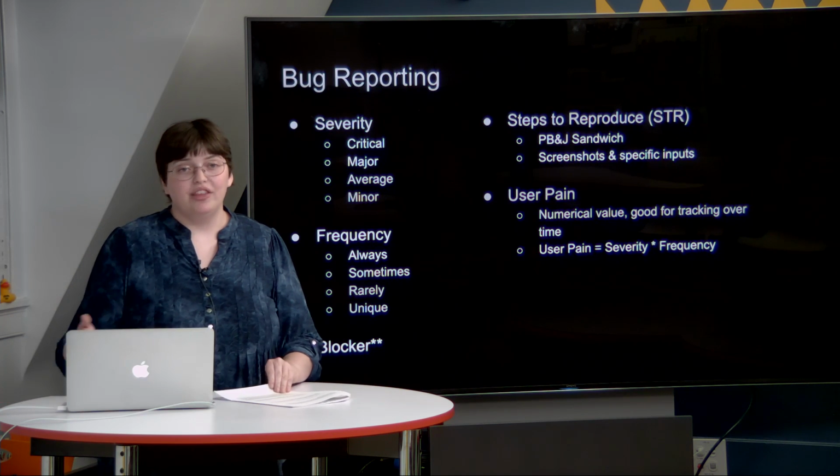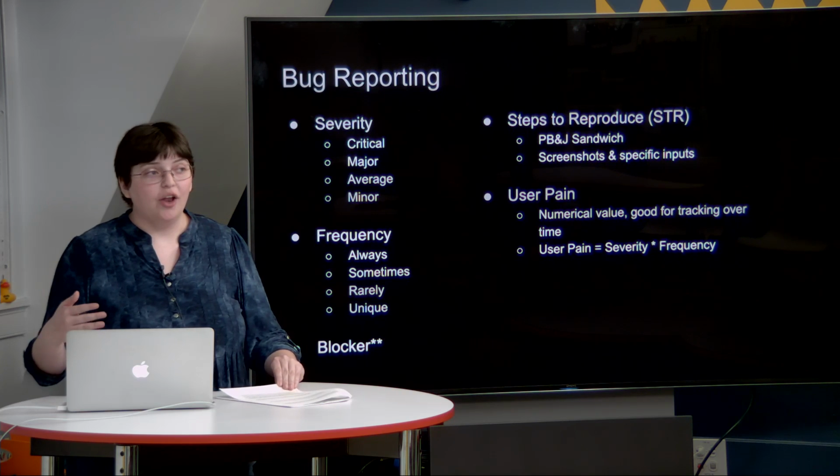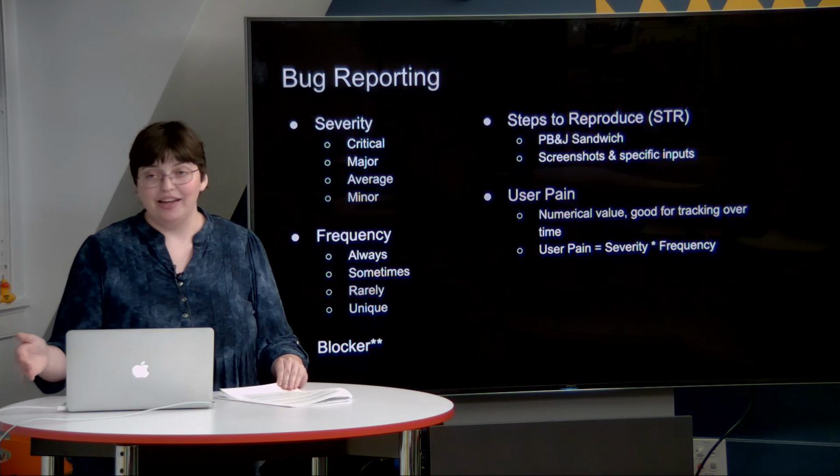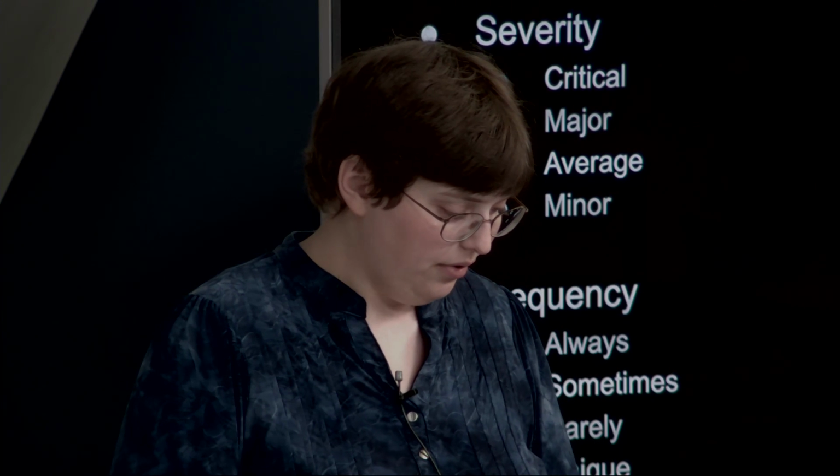Again, this sort of thing becomes less important when you're not passing things off to dedicated QA testers, but it is a good thing to start thinking about. What does this mean for you?